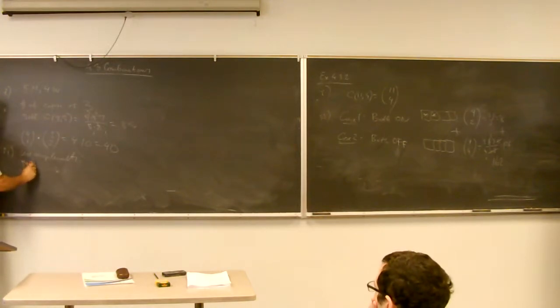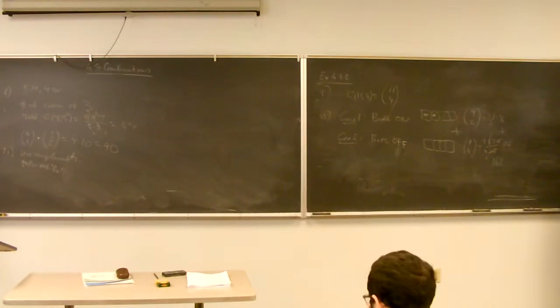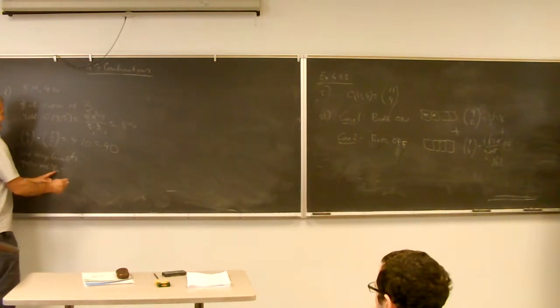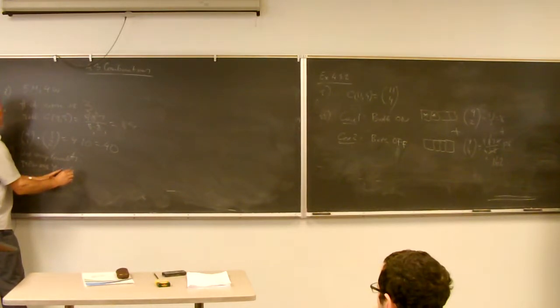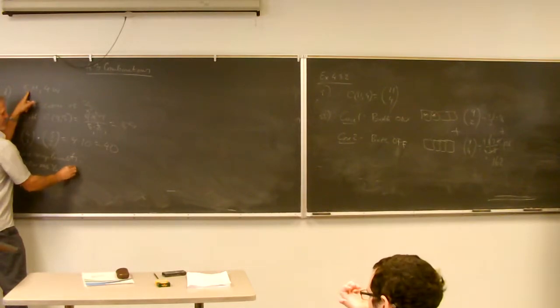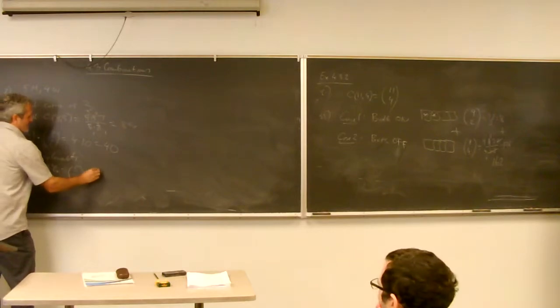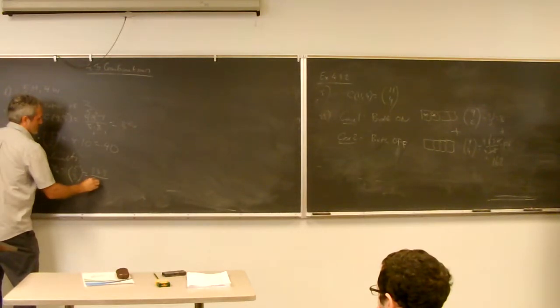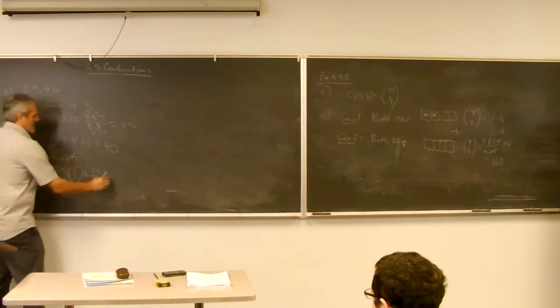Men only. Sounds like 60s clubs. So that would be what? How many candidates are considered? 5 candidates for how many spots? So that's 5 times 4 times 3 over 3 times 2 times 1. 3 and 3 cancel, and that would be 10.